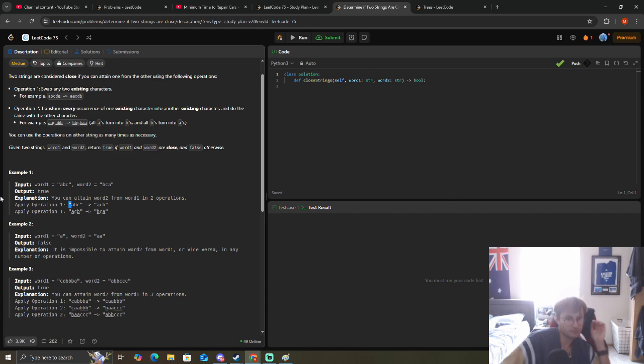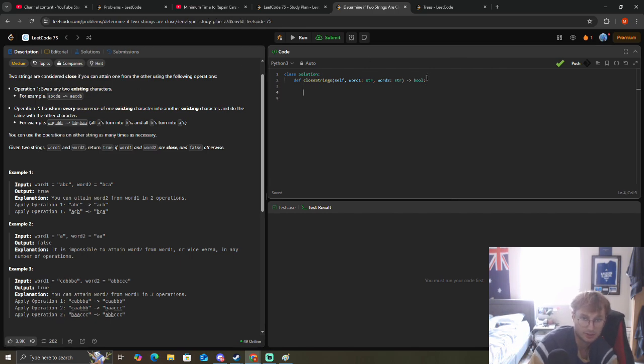Okay, so I think that's what I'm going to do. Let's try this out. Word 1 map is equal to Counter of word 1, and word 2 map is equal to the Counter of word 2.